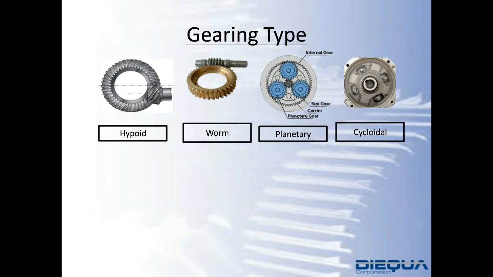And of course, you can mix and match, right, to make a planetary or right angle by inducing a bevel to the beginning, or you could put a pre-stage in cycloidal to make it a right angle solution. But focusing individually on the units themselves, we'll go ahead and dive further as to the benefits that each brings to the other.